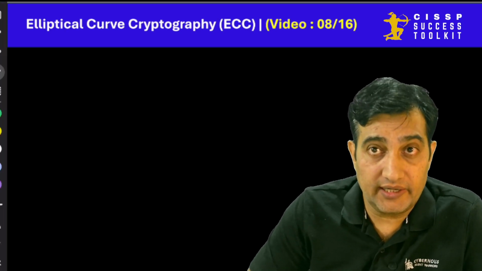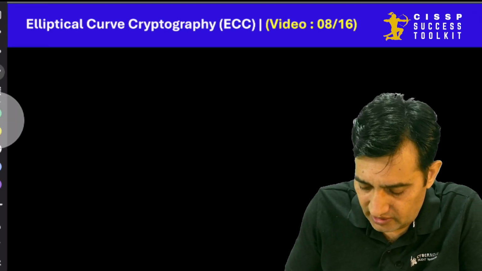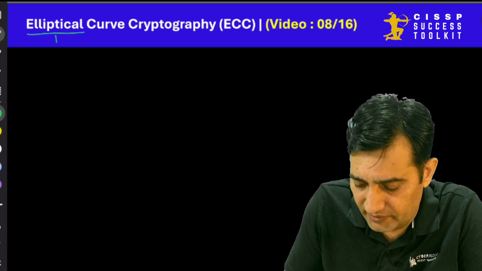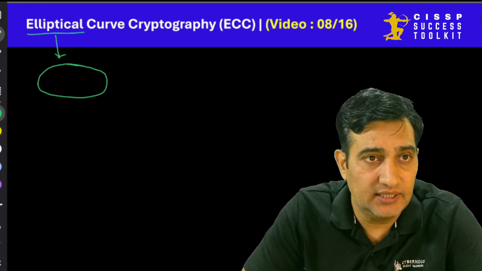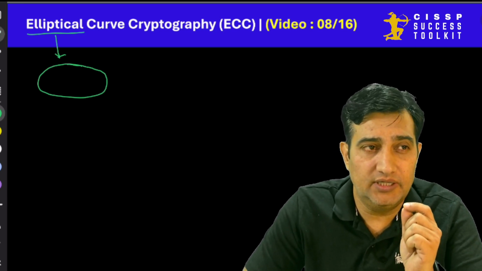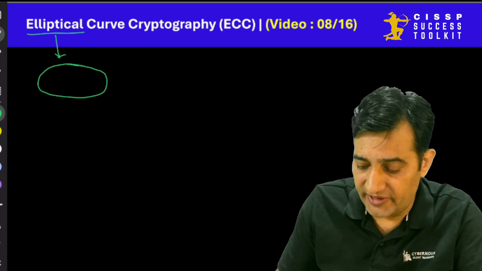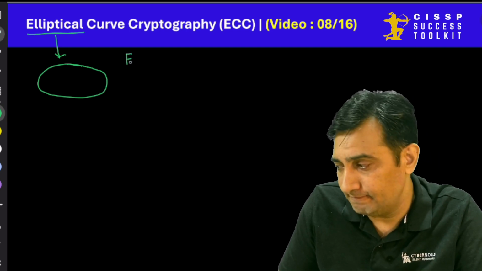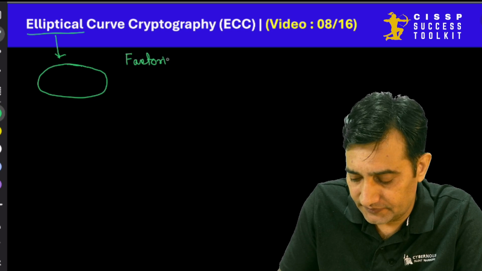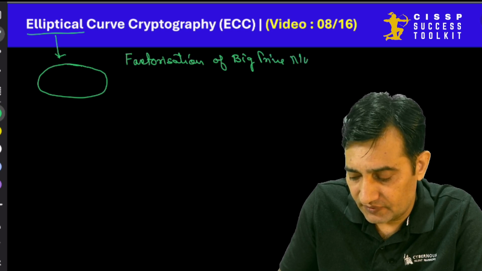Okay, so this is basically elliptical curve cryptography. You know what is elliptical? It looks like something on a parabolic path. So if you remember, the RSA algorithm or most of the asymmetric algorithms, they are based on what? They are based on factorization of big prime numbers, right?